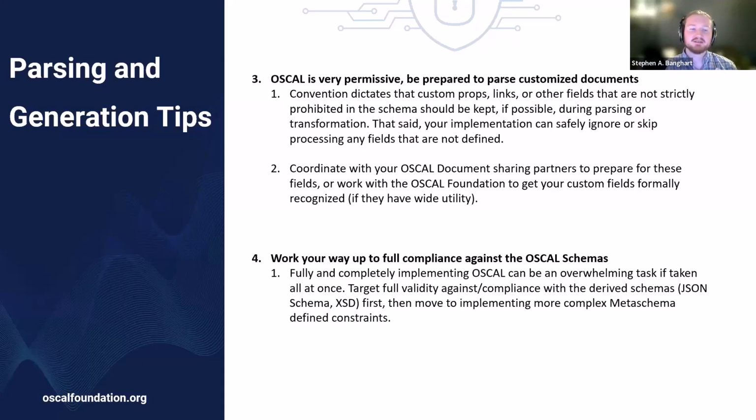I do think that that is the final end state of all OSCAL implementations. That said, to get off the ground quicker, it might be worth it to focus on the JSON and XML schemas first, or just one of them. Just focus on an XML schema first and only support XML documents of a certain type and work your way up from there. I think that's a better way to get started and to cover most of the constraints and validity checks that exist.